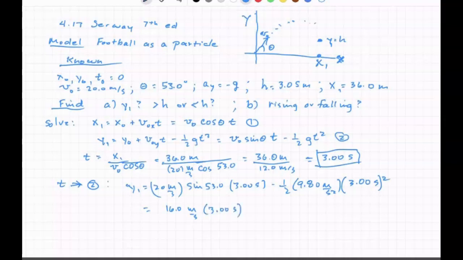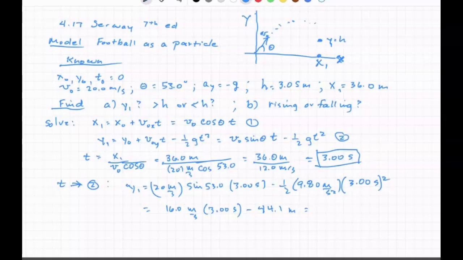And when I multiply 1/2 times 9.80 times 3 seconds squared, let me perform that calculation. I get 44.1 meters.